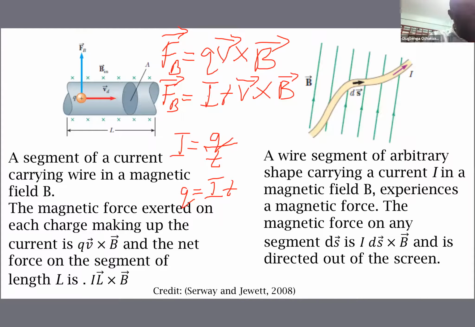We should also remember that this is time, and this is velocity. In primary school, I was taught that velocity times time, or speed times time, is distance. In this case, distance can be said to be length. Then we can say F_B equals I, the current, times the product of time and velocity, which is length, and not just length, a length with a direction, cross B.